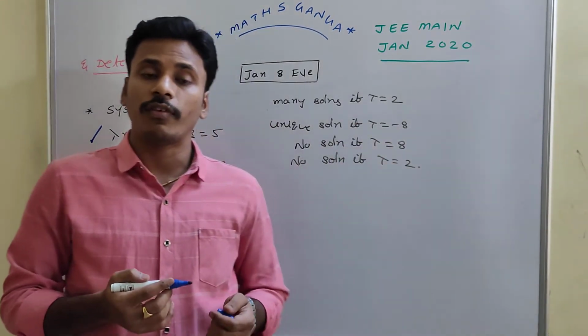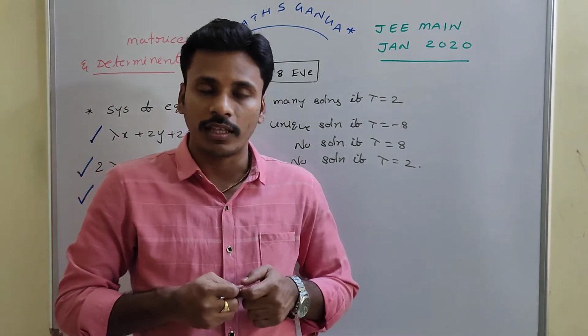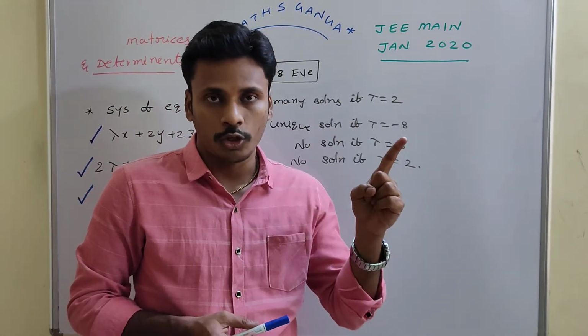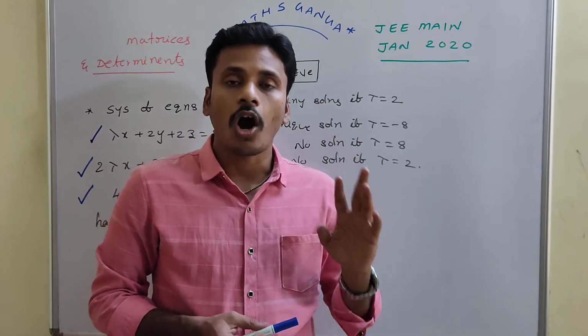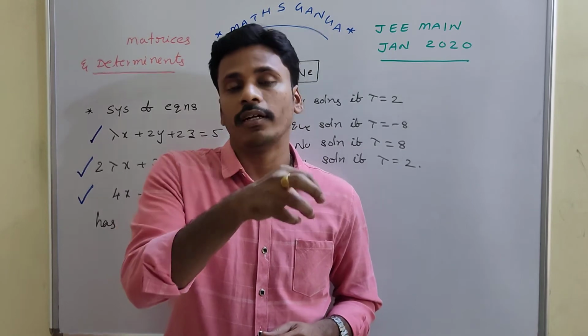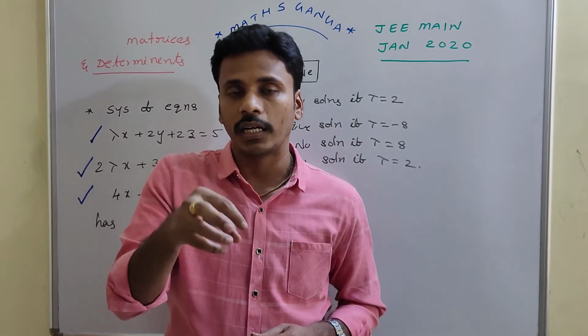We are very aware that a system of linear equations in 3 variables has either one solution, or infinite solutions, or no solution, and all these depend on the determinants delta, delta 1, delta 2, delta 3.